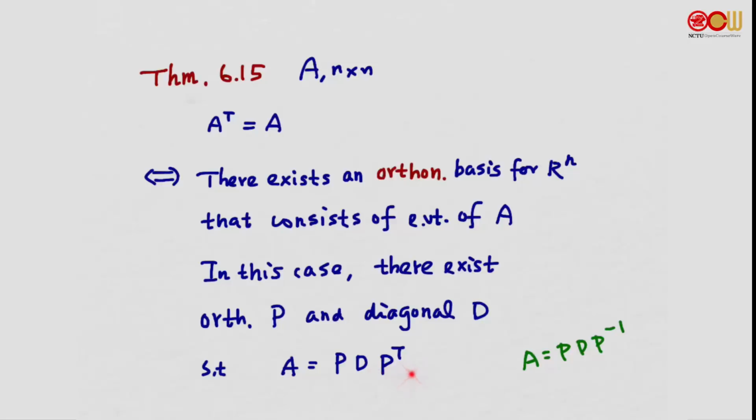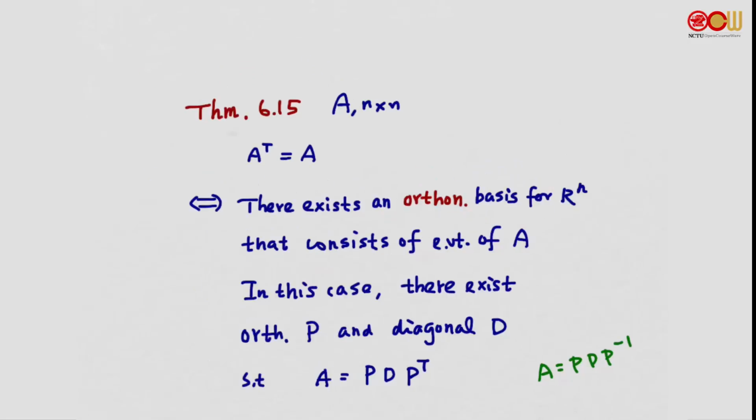This is an orthogonal matrix, so the inverse of P here is P transpose. So not only do the eigenvectors of A form a basis for Rn, they form an orthonormal basis for Rn.